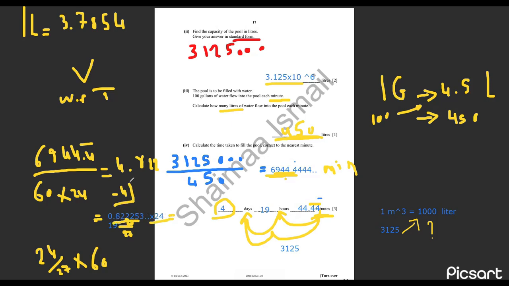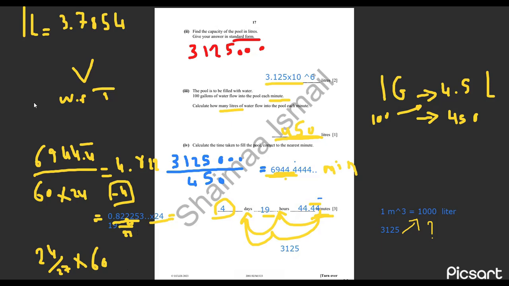We subtracted the whole number and it gave us 0.8222. So multiplied by the 24 just to get the number of hours. When we get the number of hours, we multiplied by 60. We have 19 hours, so we subtract it again with 19. So we have 19 here, and 24 over 27 is a fraction. We multiply 24 over 27 by 60 to get the number of minutes, which is 44.44 recurred.